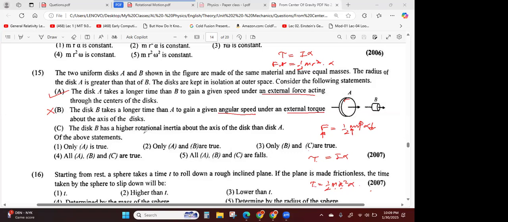The disk B has higher rotational inertia about the axis of the disk than disk A. So B has less inertia compared to A, so only A is true.